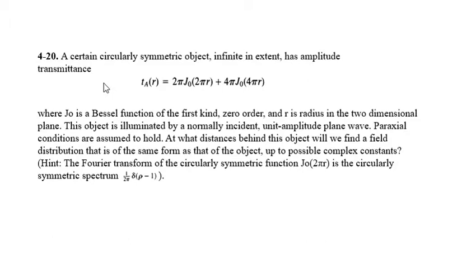This object is illuminated by a normally incident unit amplitude plane wave, and paraxial conditions are assumed to hold. At what distance behind this object will we find a field distribution that is of the same form as the object?